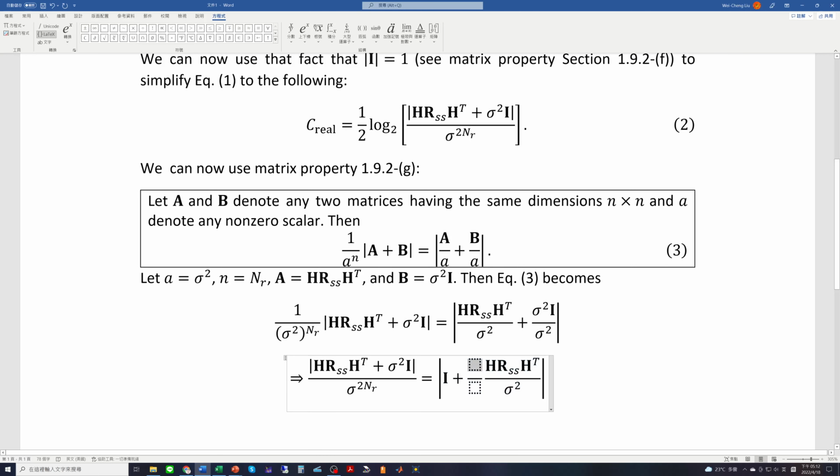So this is equal to 1 over sigma square times this term. We call this equation 4.